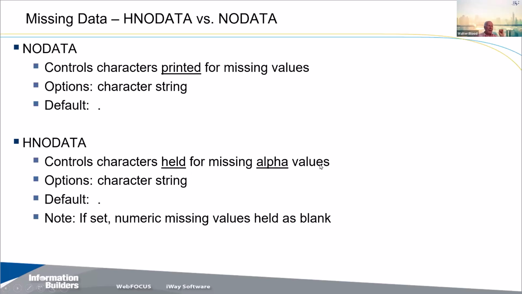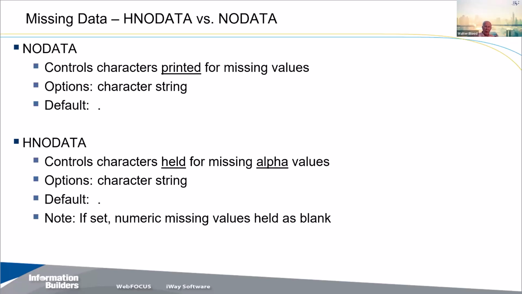The default is a dot. If it's set, numeric missing values are held as blank if it's an alpha, right? Notice that. Normally, numeric values that are missing are 0. That's the default, so you can set that to something else if you want.